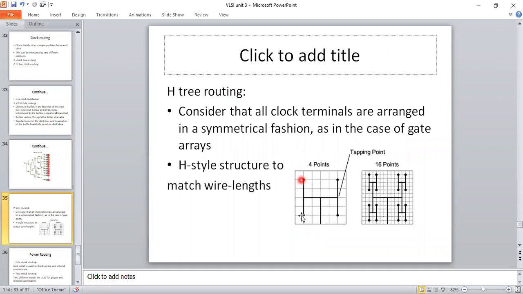Nothing but here you can pass the clock signal to 4 circuits, and if you extend the network like this, you can pass the signal to 4 into 4, nothing but 16 networks. So you pass the same clock signal to the 16 networks without any delay here. It is an H-shaped structure to pass the signal.